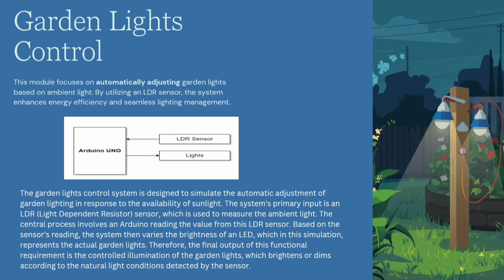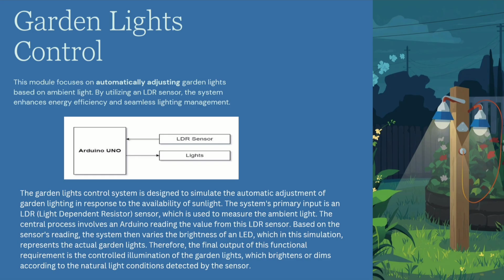Based on the sensor readings, the system varies the brightness of the LED, which simulates the actual garden lights through the final output function, controlling the garden lights so their brightness dims according to the natural light conditions.